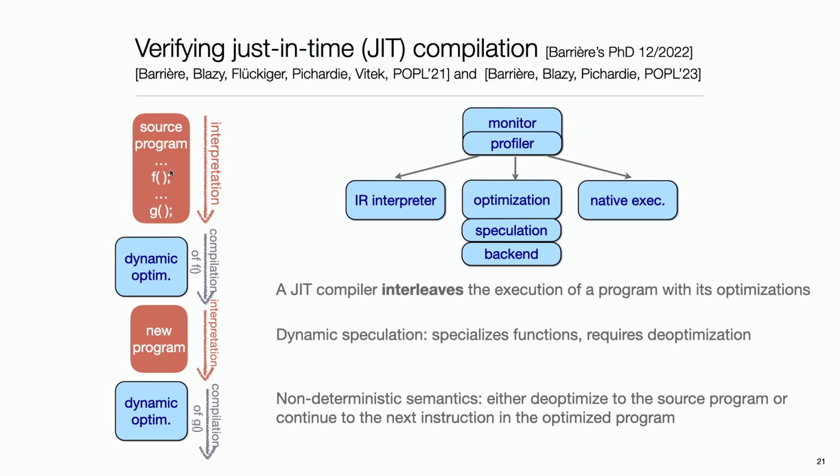Their semantics is non-deterministic, as at any time we may either de-optimize to the source program or continue to the next execution in the source program. Then we had to prove that JITed programs are equivalent to initial programs.